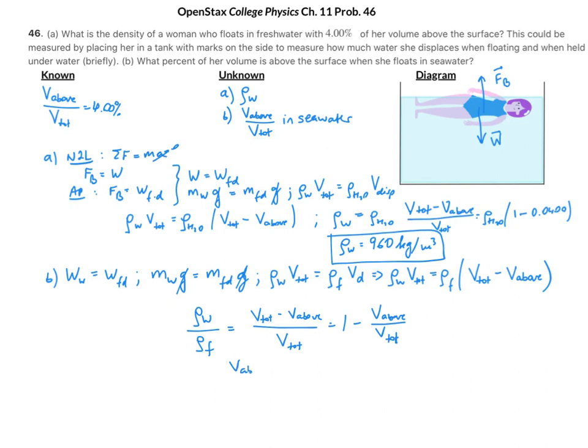So V above over V total will be 1 minus density of the woman divided by density of seawater, and that is 1 minus 960 kilograms per cubic meter over the density of seawater, 1025 kilograms per cubic meter, and that turns out to be 6.34%. So she will float with more of her body above water in seawater than she did in fresh water.